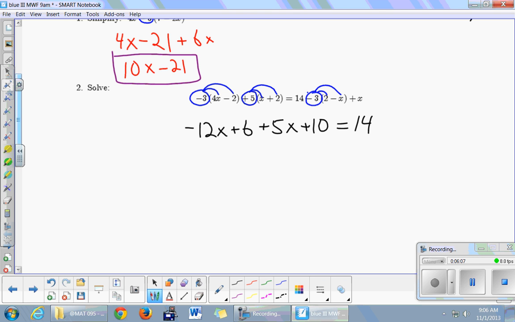And then we're going to take that negative 3 and multiply it by everything in the parentheses. Negative 3 times 2 is negative 6. Negative 3 times negative x is positive 3x.